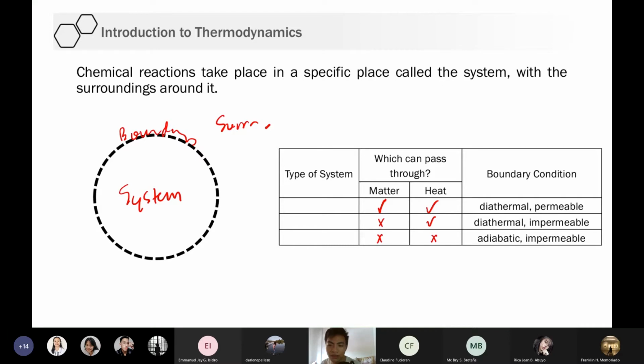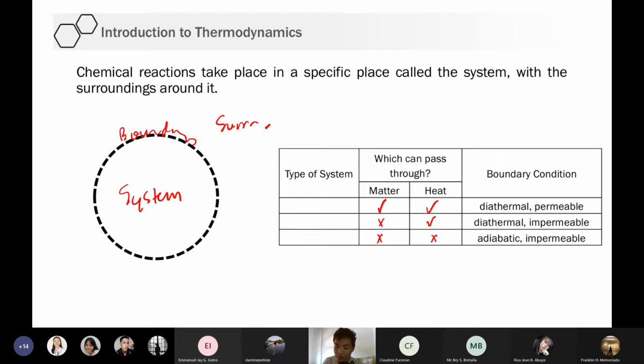Okay? So, yun yung definitions ng ating boundary condition. We have the diathermal, meaning nun, it can allow heat to transfer, no? Example nun is the baso. Pag nilagay mo mainit na tubig, lumalabas yung init, no? Mula sa tubig, palabas sa boundary ng baso. Okay, so, pwede yung heat flow. Okay? And then you have the adiabatic, which means it cannot pass through the water.